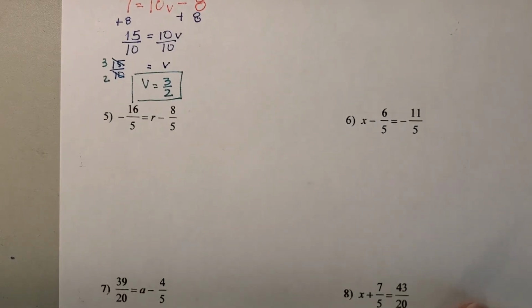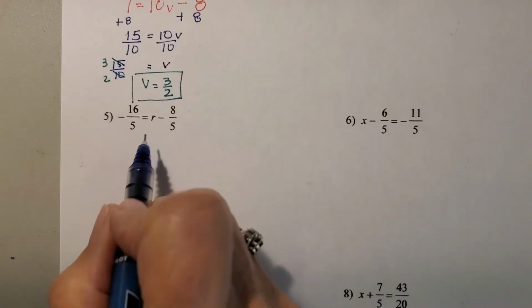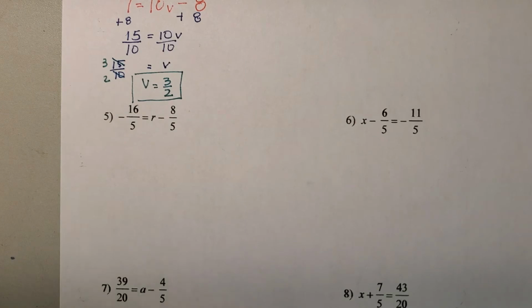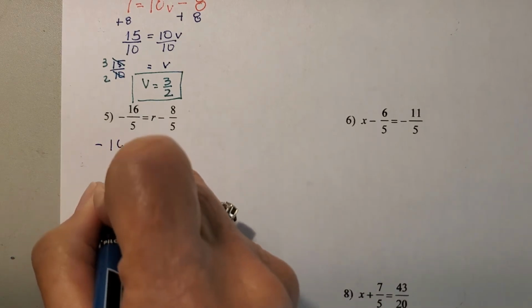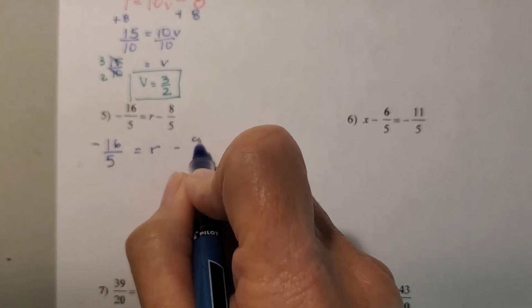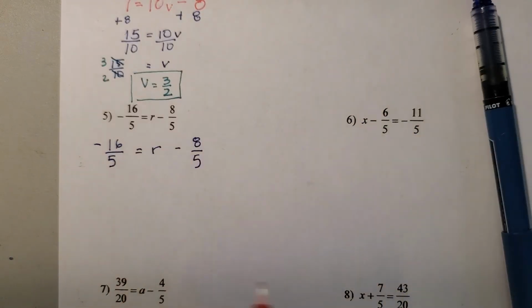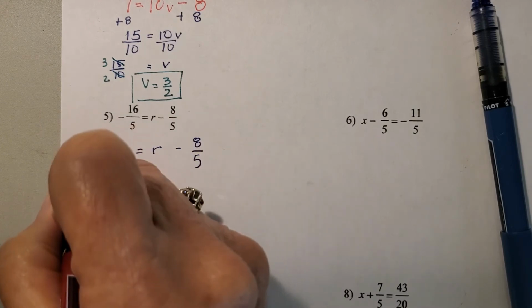All right, let's look at this next one. I have the same denominator, so that makes it easy to figure out what the common denominator is. It's just going to be a 5. So I'm going to rewrite this equation and just leave some room, to multiply everything by 5.